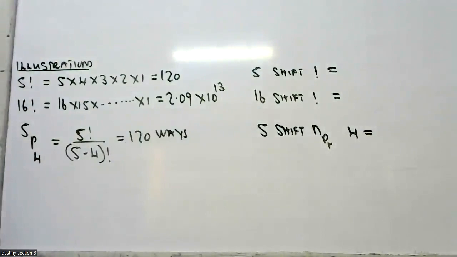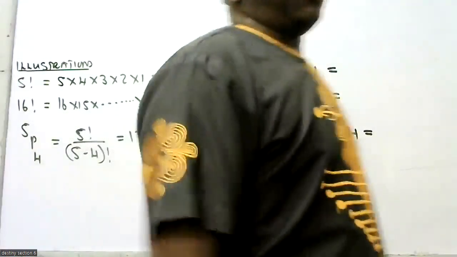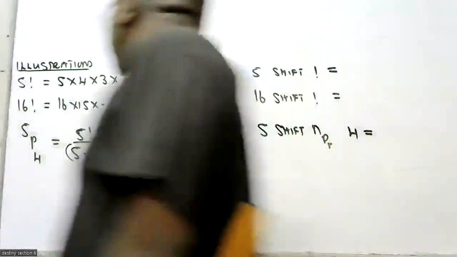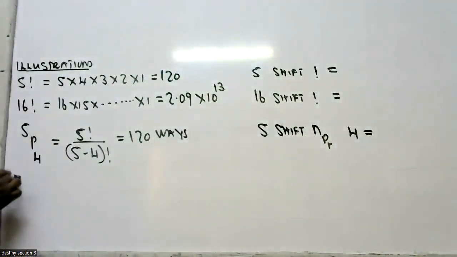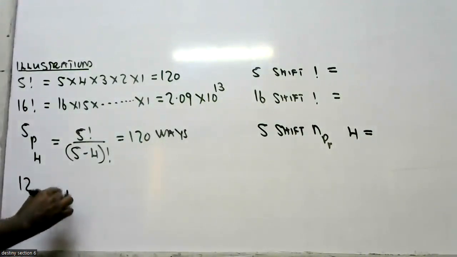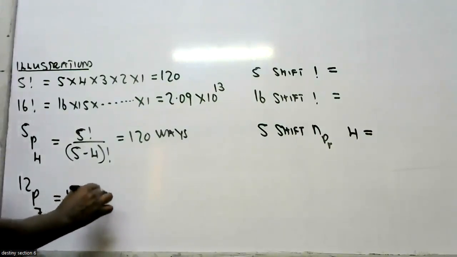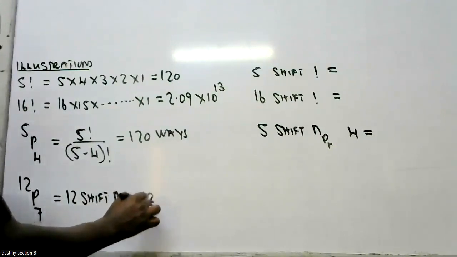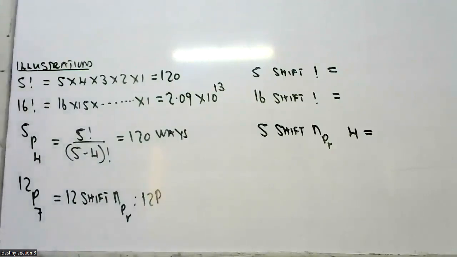So that means if you have been given 5 persons, and you are arranging them, you can arrange them in 120 different ways when you are observing the position. Similarly, if you are given 12 commute 7, you say 12, shift, nPr so that you get 12P on the screen.